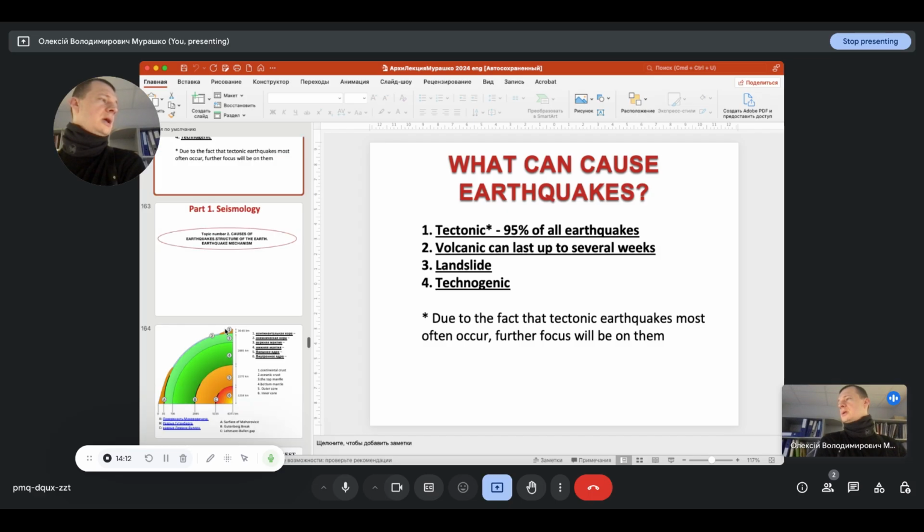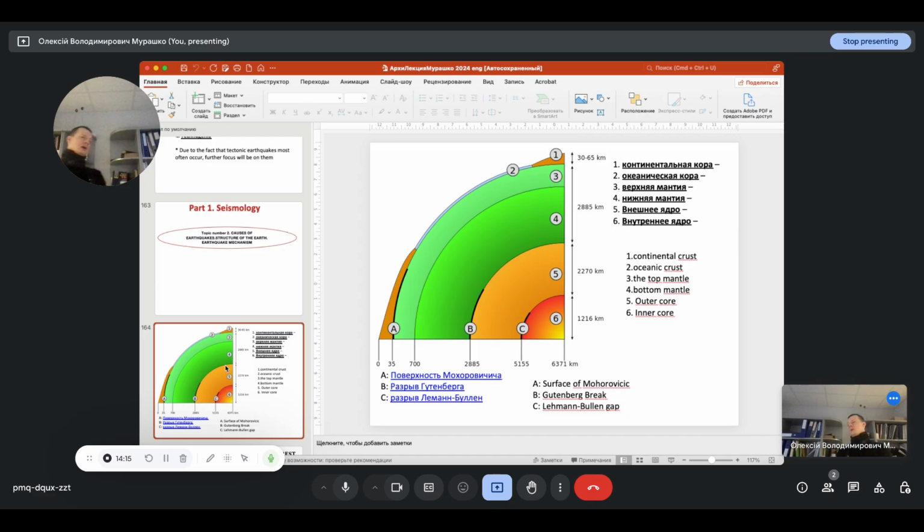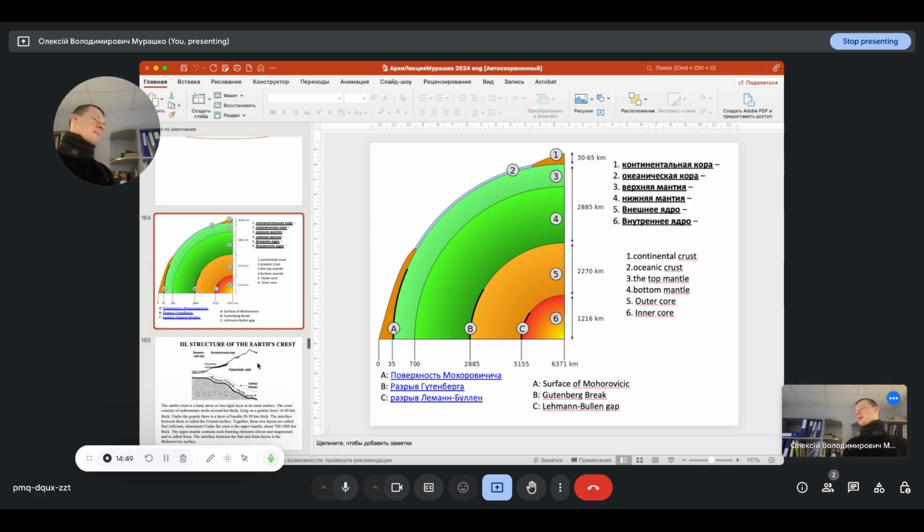When we're considering tectonic impacts, we have to remember that our planet consists of various layers, and those layers create the situation where the most stiff layer is moving above the mantle, and the interaction of parts of the crust leads to the earthquakes on the surface of our planet.